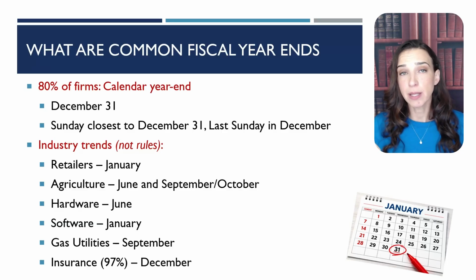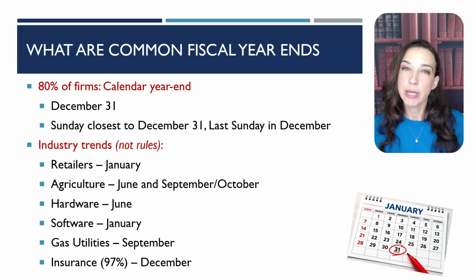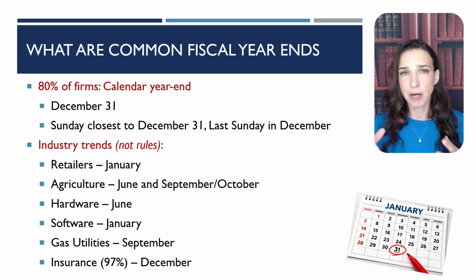For the same reason, a lot of agriculture firms have a fiscal year end that ties to the harvest cycle. Hardware firms, June is a big point in time for them. There are a lot of tech conferences, and a lot of times the models are unveiled. So a lot of hardware firms tie it to the end of June. A lot of times software firms are dealing with customers re-signing contracts for the next year in December.